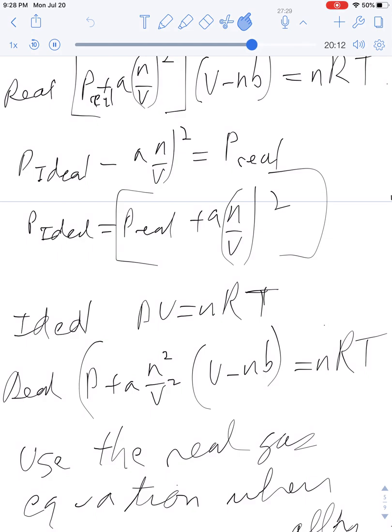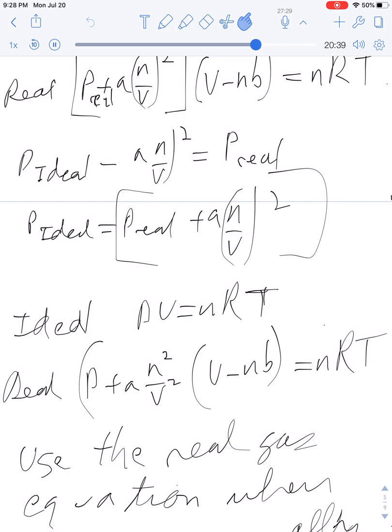Okay, let's just give you an example here. Here's my container. Here are my gas particles: 2, 4, 6, 7, 8, 9, 10.